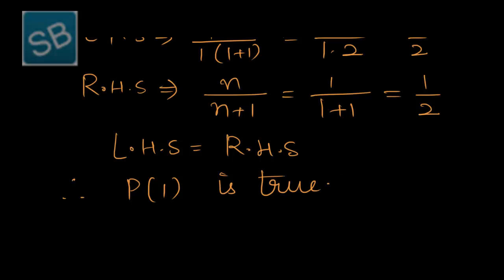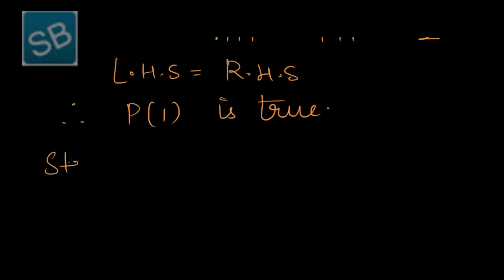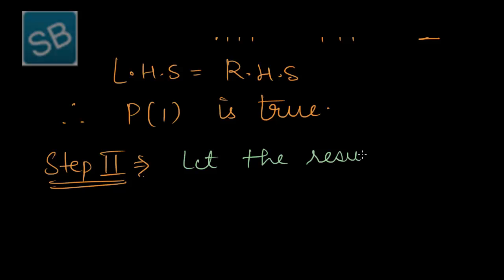Now we will proceed further, that is step 2. Step 2 states that we have to assume that the result is true for n is equal to k. So let the result be true for n is equal to k.